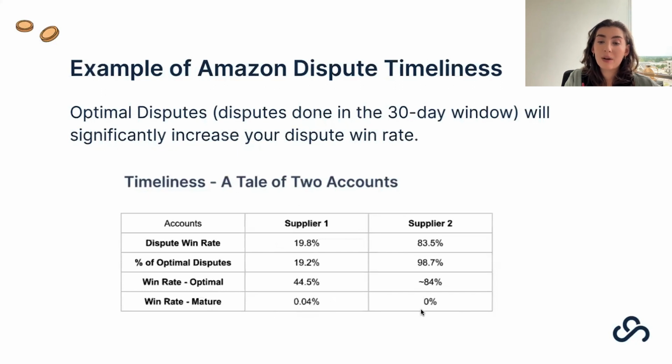And it looks like supplier two may have submitted some, but at the end of the day, they're having a great win rate just focusing on that 30-day window. So unless they had a mature claim that was a ton of money, was worth disputing, and they had all the proof documentation, that can be harder to dispute. So if I were to pick a strategy, I would pick focusing on that 30-day window and just getting more money back from that strategy.